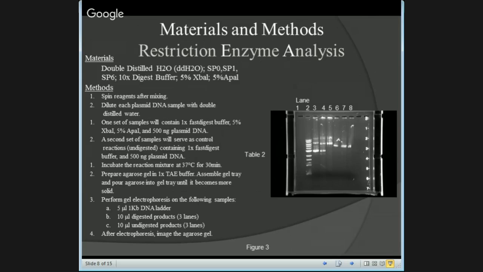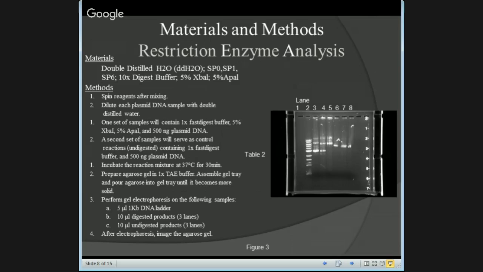One set of samples contains 1 fast digest buffer, 5% XbaI and 5% AbaI, and 500 nanograms of the plasmid DNA. We used a second set of samples that served as a control, which were undigested, containing 1 fast digest buffer and 500 nanograms plasmid DNA.